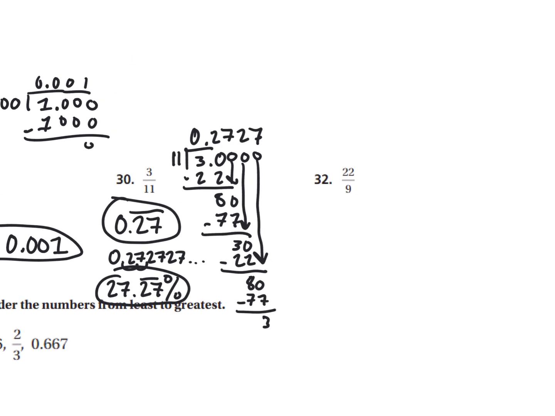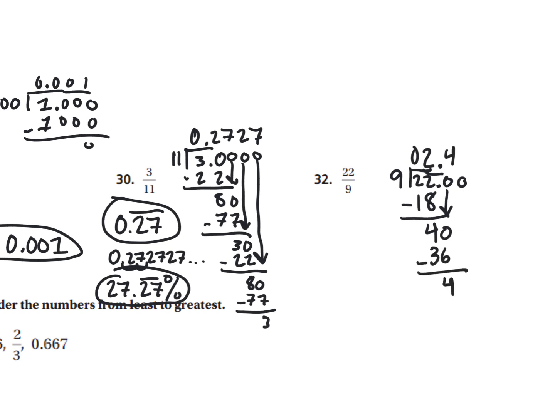Lastly, number 32. We're going to divide 9 by 22. All right, 9 goes into 2 0 times, but does go into 22 twice. And I end up at 4. Add a 0 and a decimal. 9 can go into 40, not 6 times, 4 times. 36, and I end up at 4.